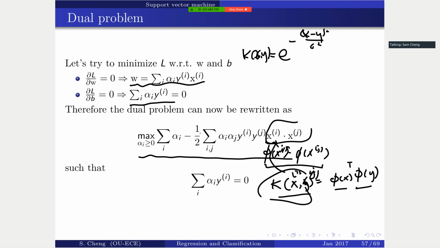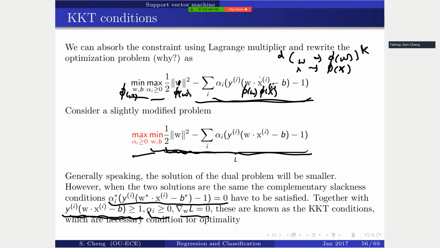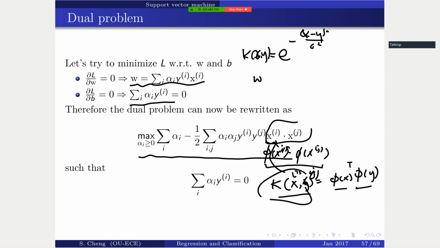And after you solve that, when you actually use it, what do we need to compute? We need to compute W dot x, right? Let's say this is a new x here. So W multiplied by x will be just this term dot new x.